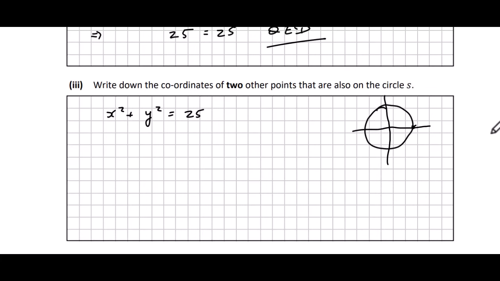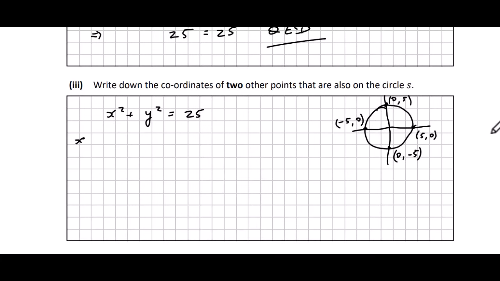So that means this is going to be 5, 0, this is going to be 0, 5, this here is going to be minus 5, 0, and this here is going to be 0, minus 5. So that's 4 points actually.